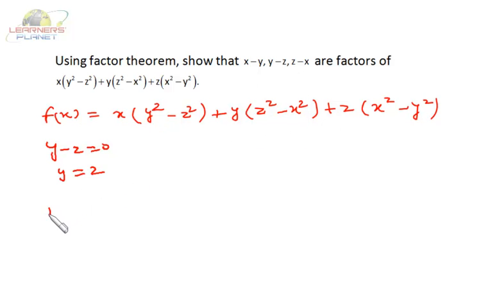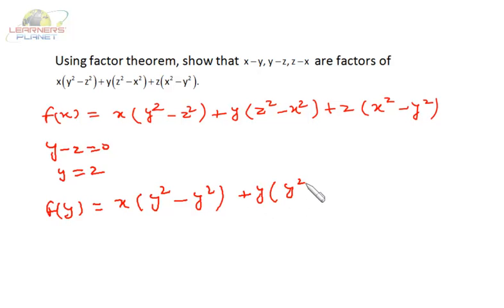So let's calculate f of y, putting the value of z as y. So it's x y square minus, instead of z I'll be putting y, so it's y square plus y square minus x square plus z, I'm sorry, it will be y, x square minus y square. So let's solve it now.